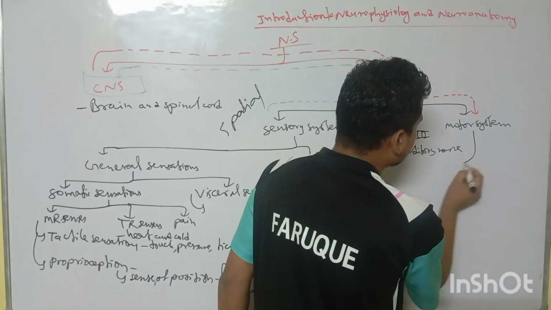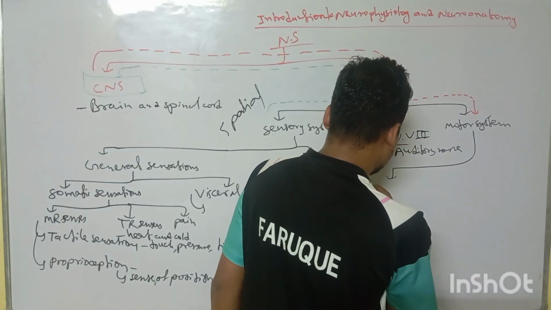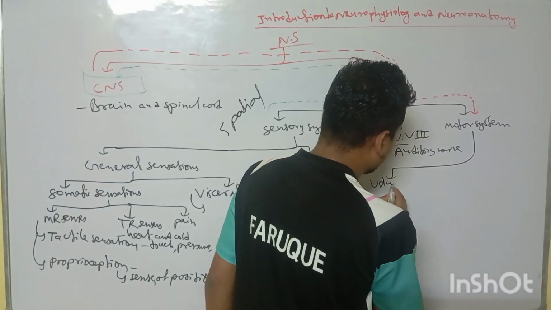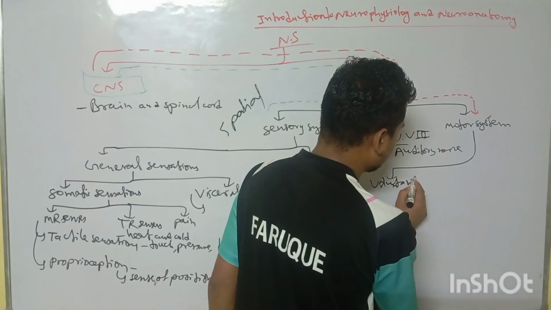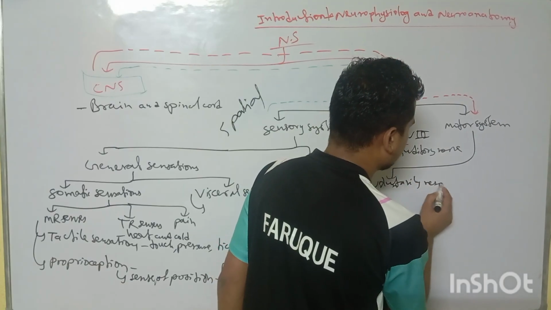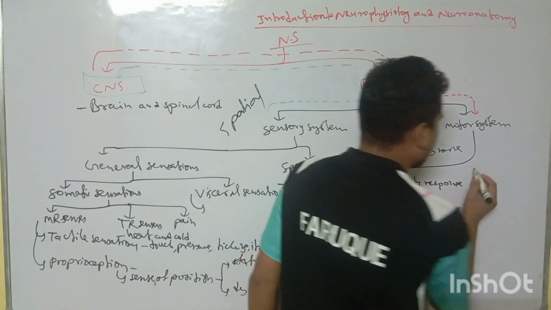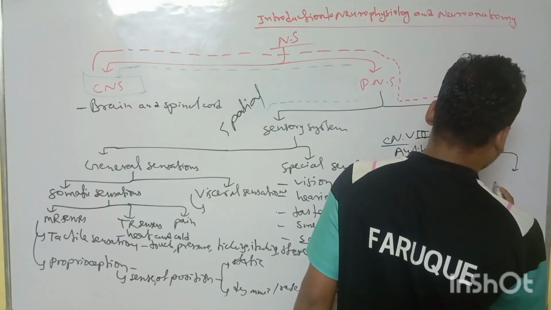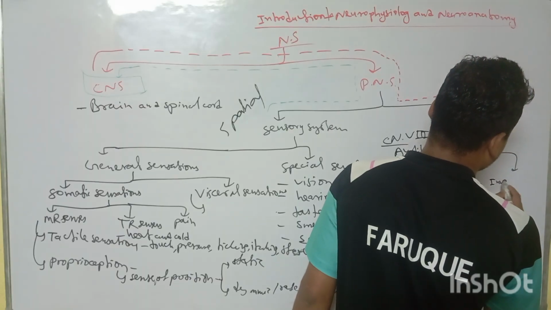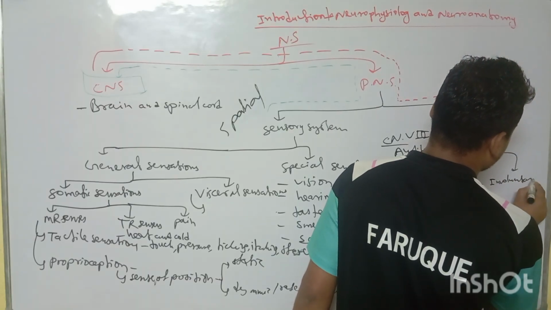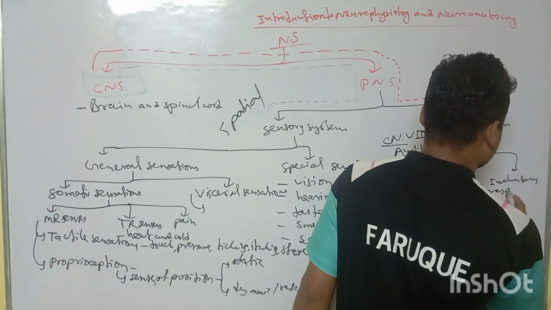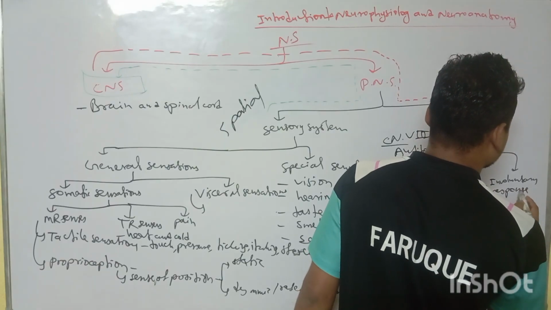So the response will be of two types. One will be the voluntary response, and another will be the involuntary response.